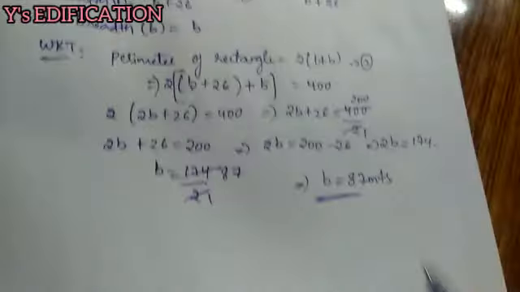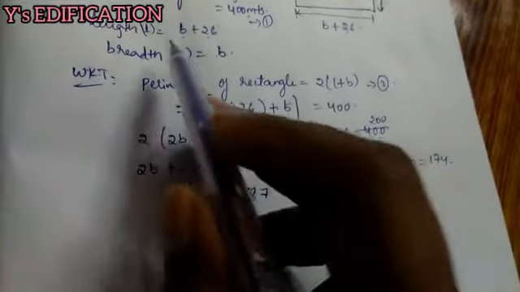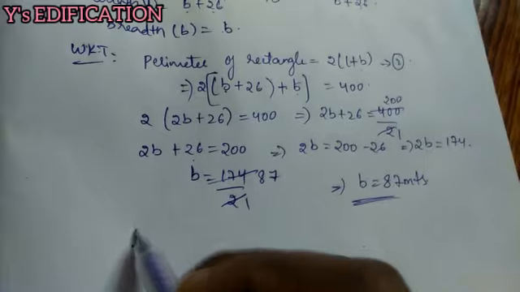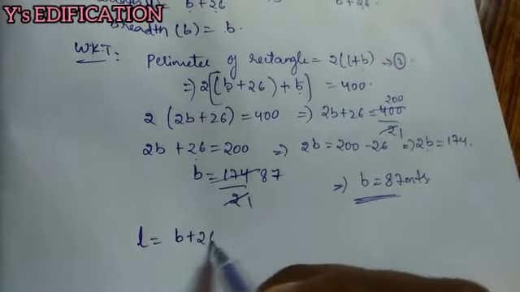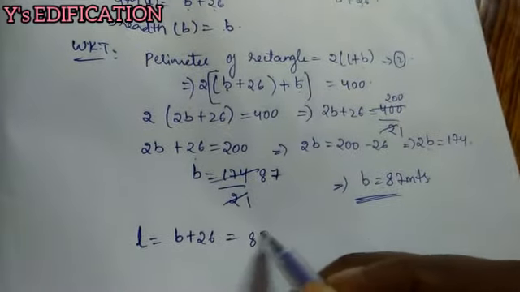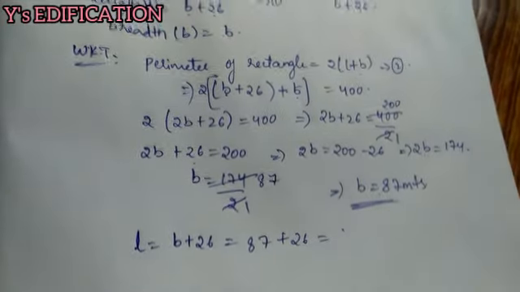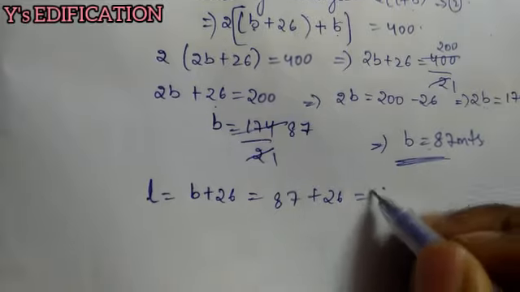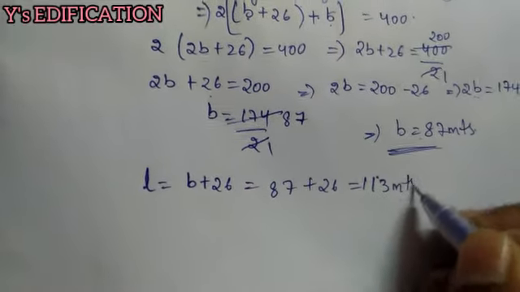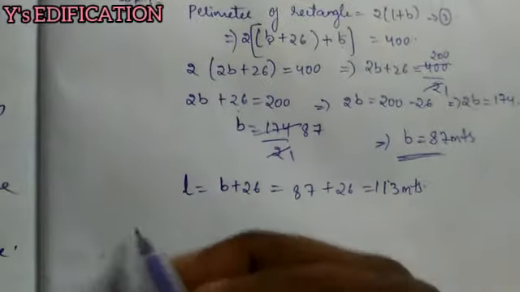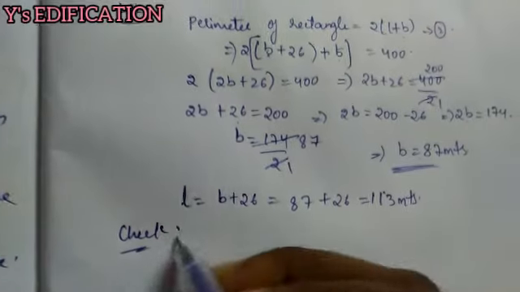Next we have to find the length. L is equal to B plus 26, which is 87 plus 26, so 113 meters.